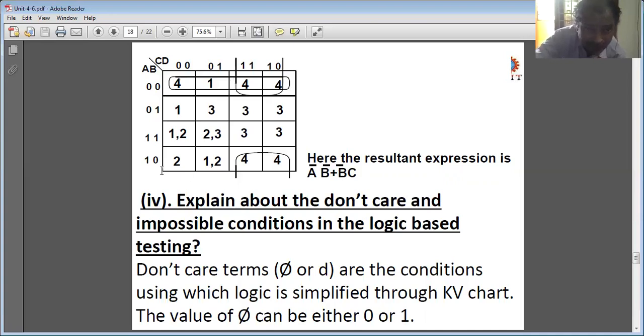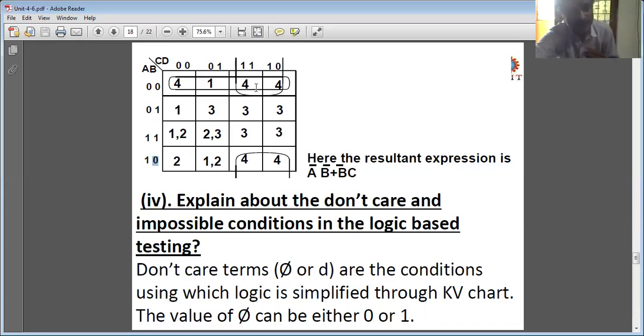B bar C. B bar C means it is for this one and this one, which is common. Here it is B bar is there, C is there. So the 0 is B bar, and for this 1 is C. You have to consider 0. 0 is nothing but B bar.